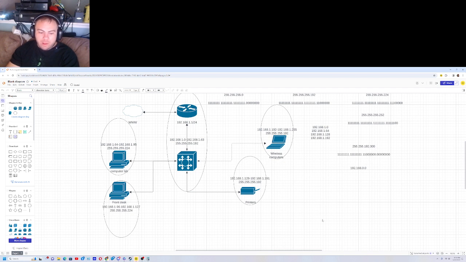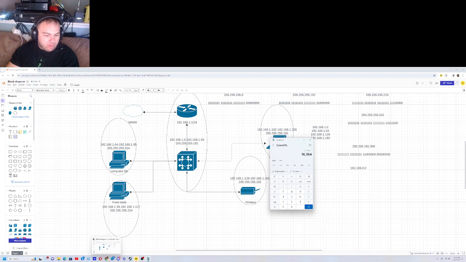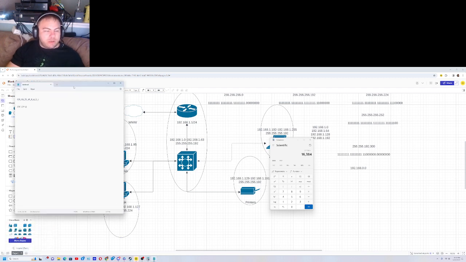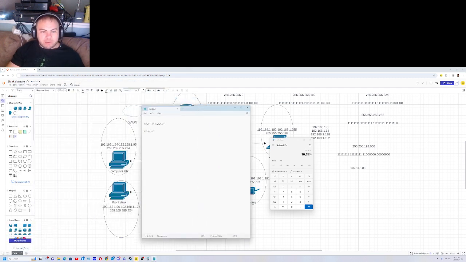So if you followed along earlier, we did the mathematical equation of, did my notepad close? Notepad. So we had a mathematical equation here of 256 minus 2 to the power of x. And that's how we could find our broadcast address in this setup.